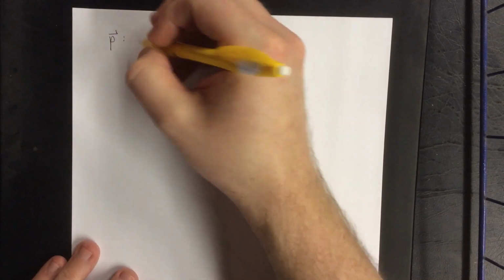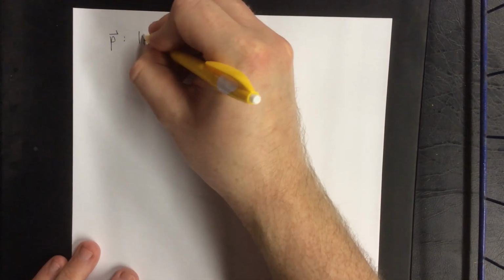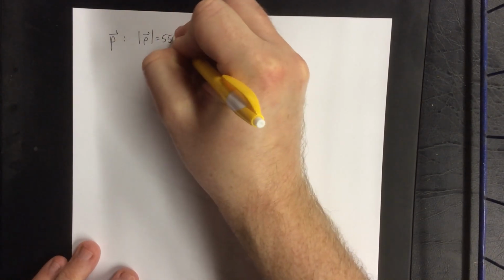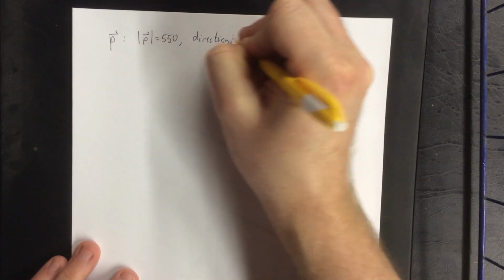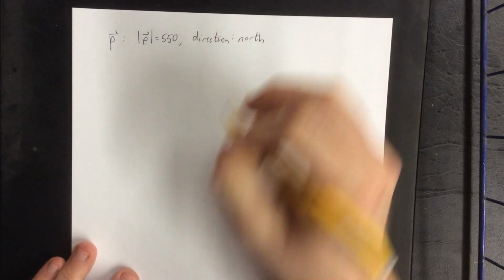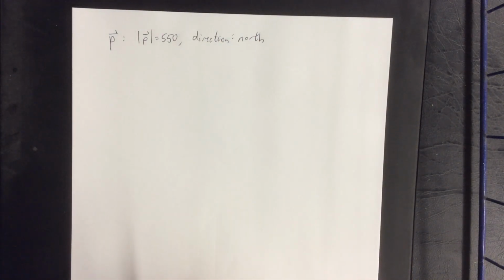as far as the plane is concerned, the magnitude of the plane's vector is going to be 550 miles per hour, and the direction is north. We need to come up with a representation of due north.